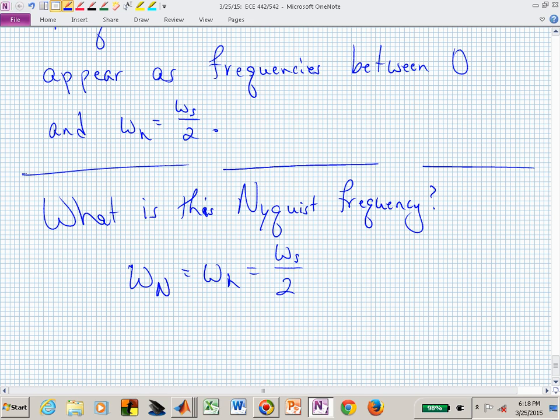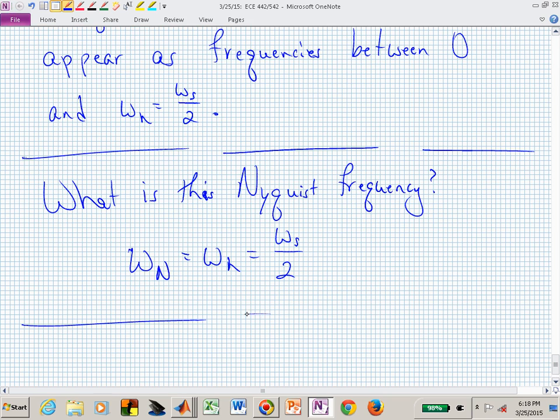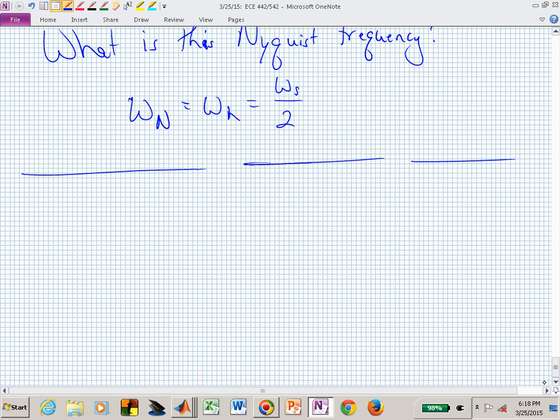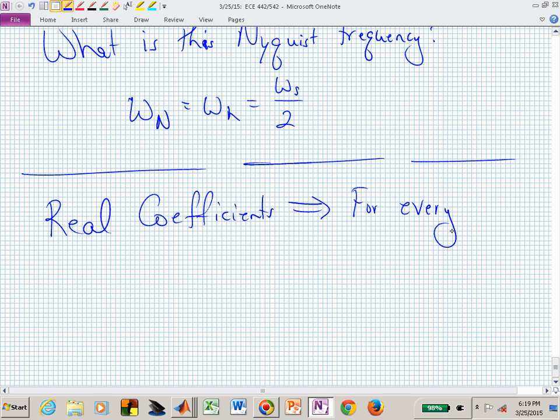Now, we are going to be playing with signals and transfer functions with real coefficients. Which implies that if we have a frequency j omega sub x, we're now on the imaginary axis in the s-plane, we have its twin or its complex conjugate at its negative.